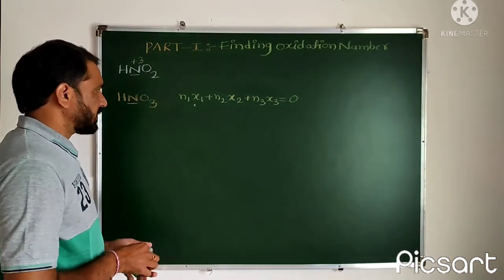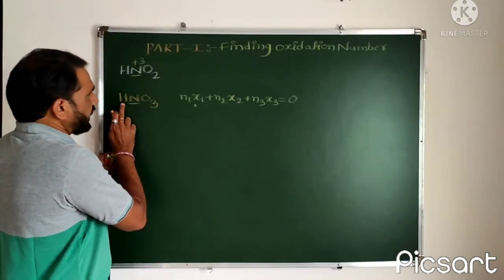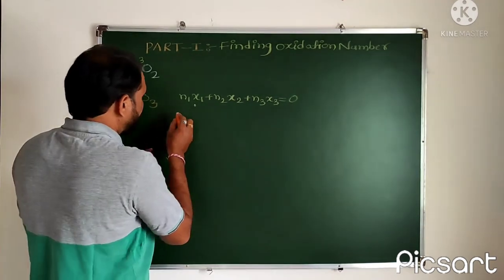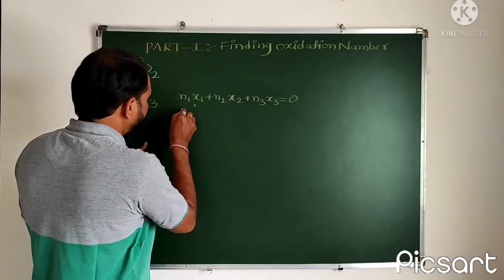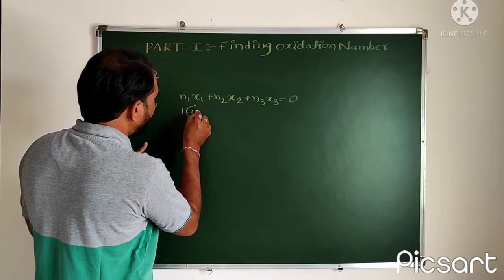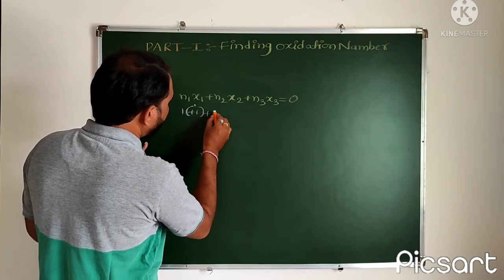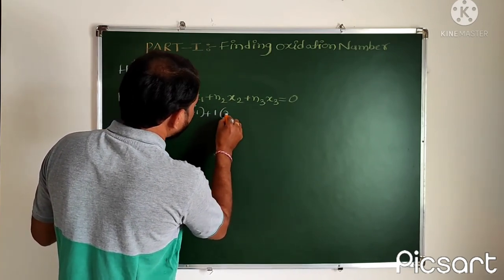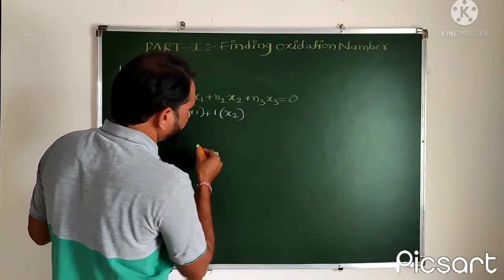Okay, after that, N1 means number of hydrogens, 1 is there and its oxidation number plus 1, plus number of nitrogen 1, its oxidation number X2, we need to find out that one only.